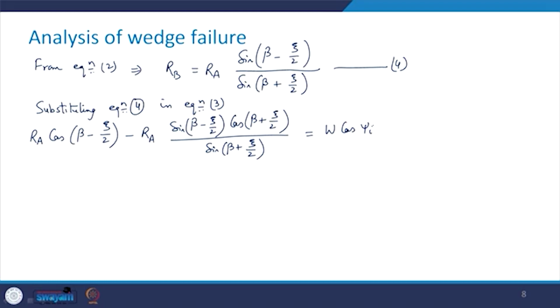Or from here one can determine the expression for RA.